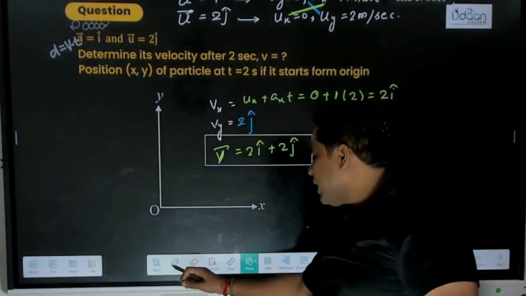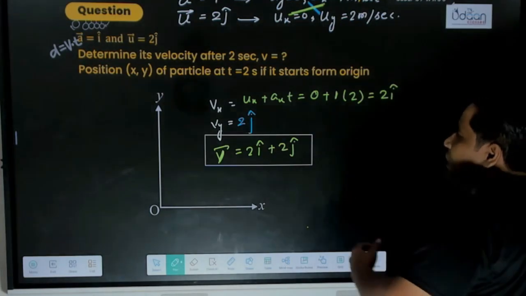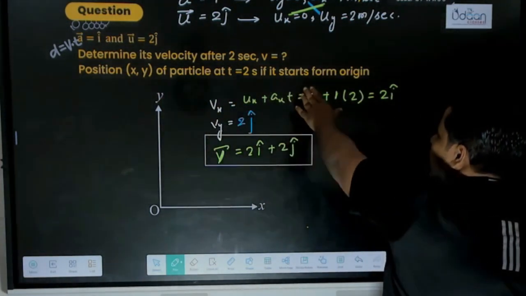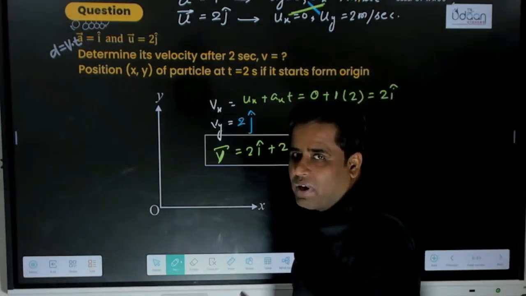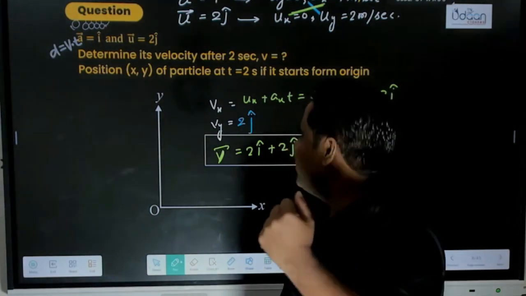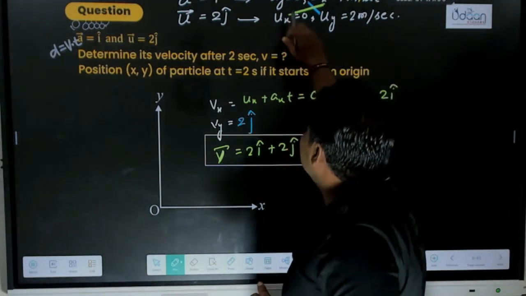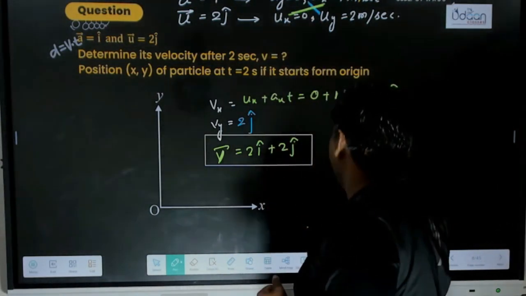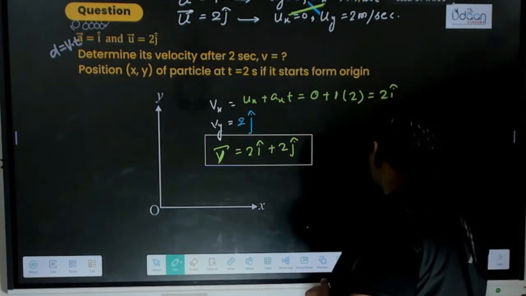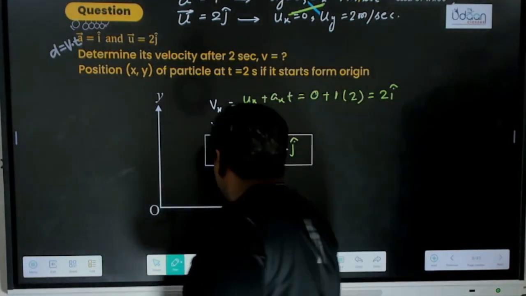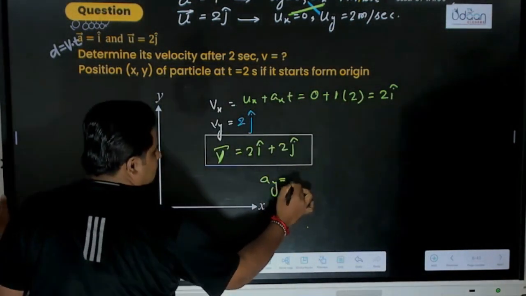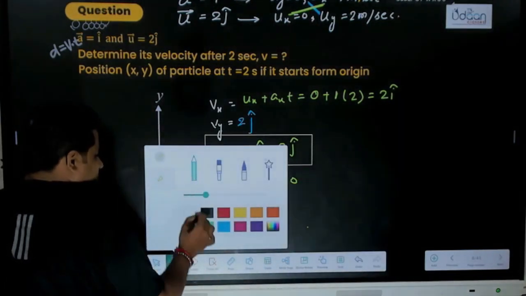And then if I am asking you to please let me know what will be the position of the particle at t is equals to 2 seconds, if it starts from origin, what will be the case? Let me know. What will be the condition? On the y-axis acceleration is 0. So if it has been given that acceleration on the y-axis is equals to 0, students, what is the case?